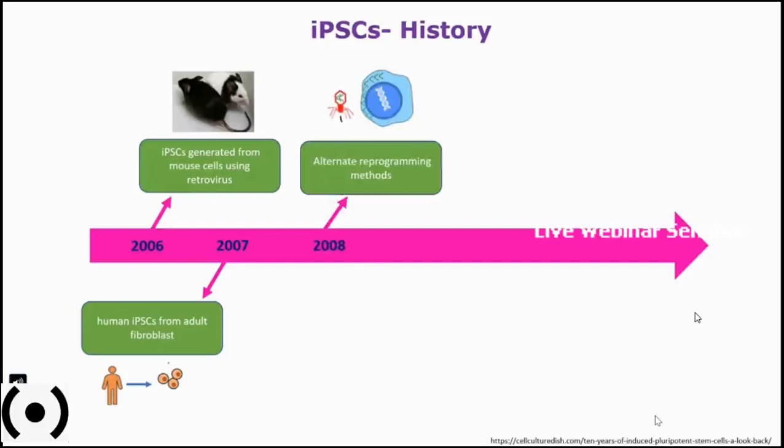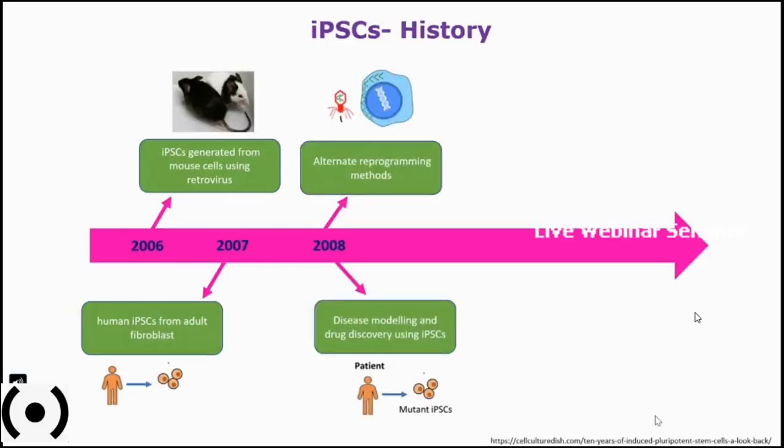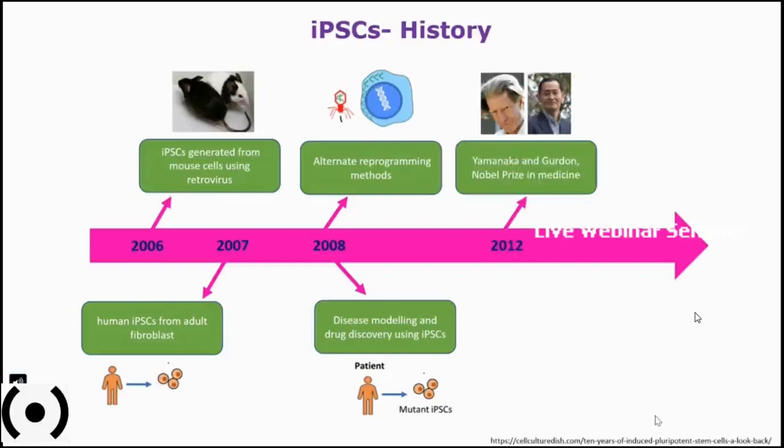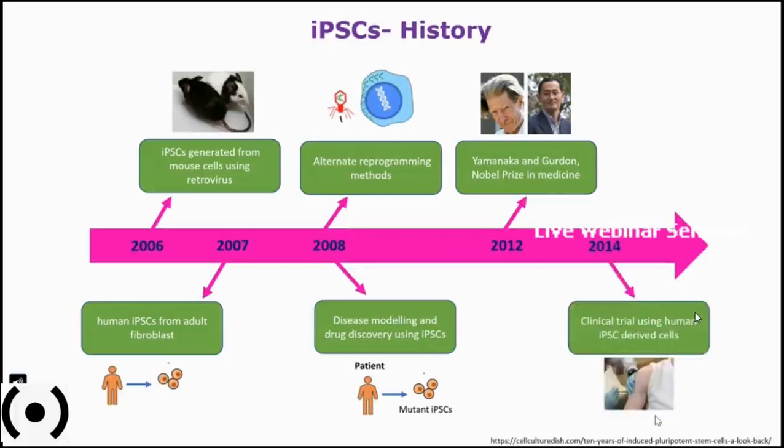In 2008 also, disease modeling and drug discovery using iPSCs started, right? In 2012, Yamanaka and another scientist were awarded the Nobel Prize. And in 2014, the first clinical trial using human iPSC derived cells was started, right? So this is a brief history of iPSC, which I already covered.